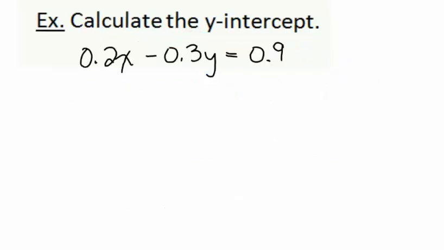Let's finish off with one more example. We're going to calculate the y-intercept for the line 0.2x minus 0.3y equals 0.9. Remember that our strategy is, if we're trying to find the y-intercept, we are going to make the substitution of x equals 0.